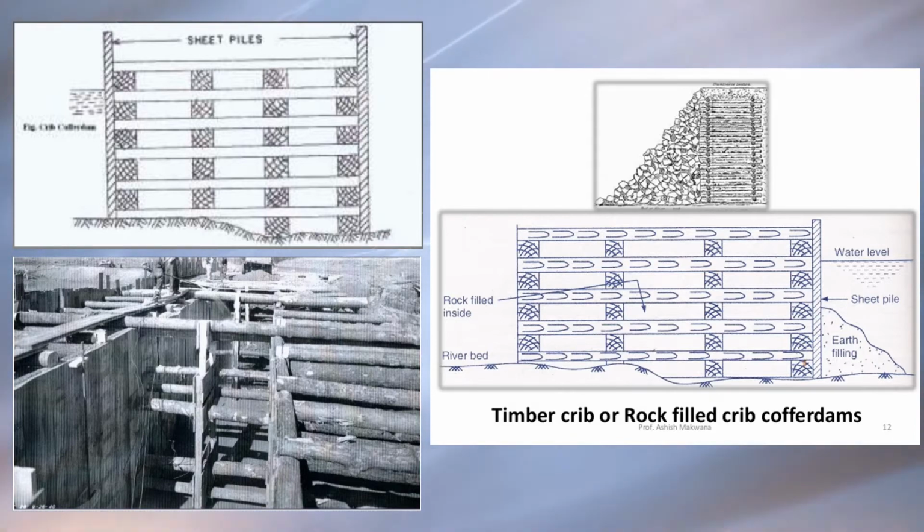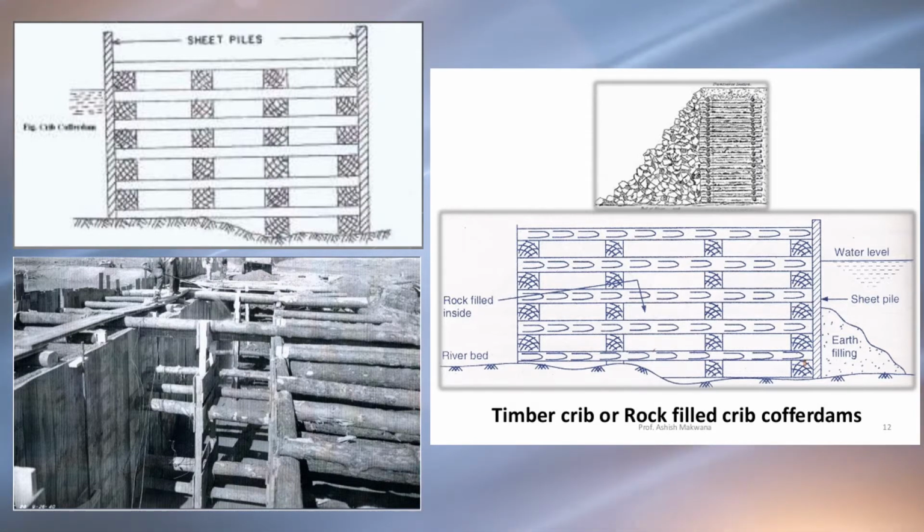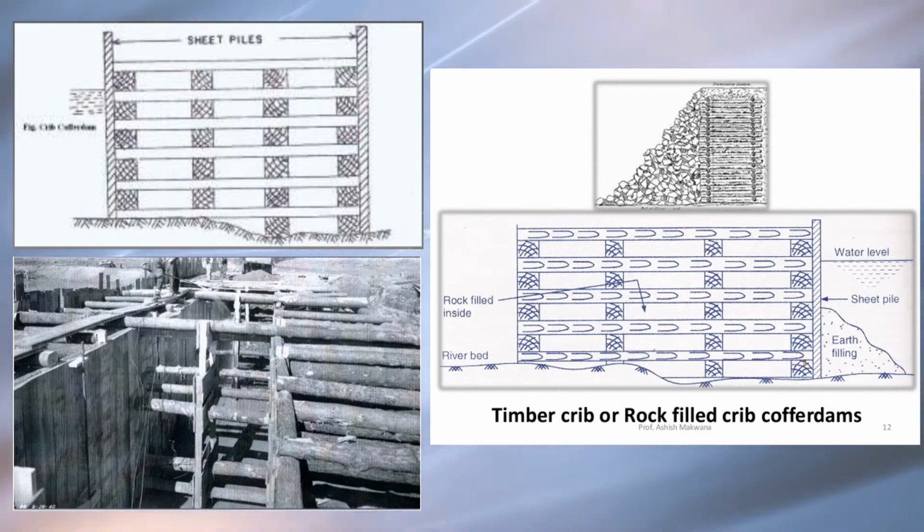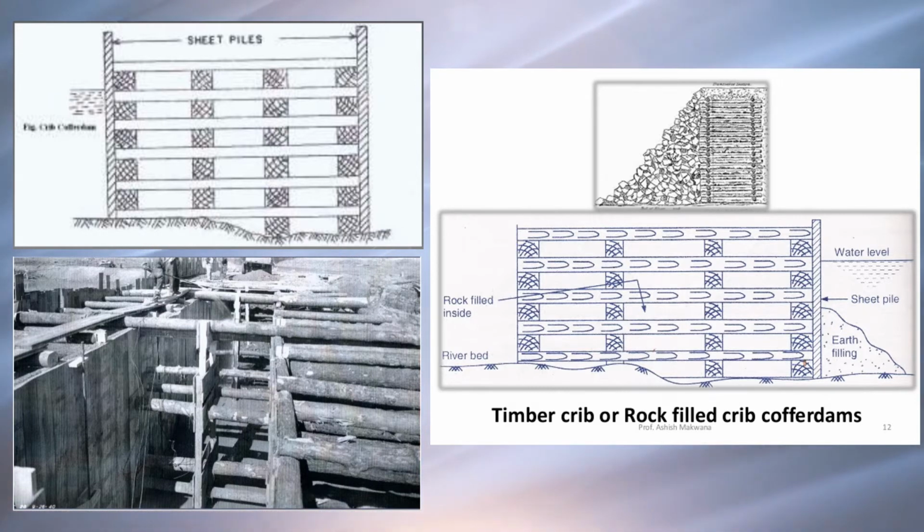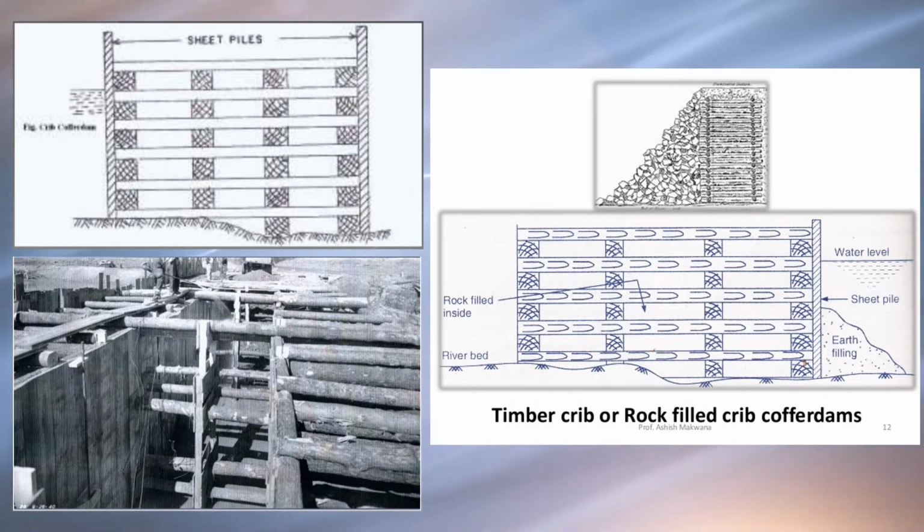The bottom of each creep is given a shape to fit the variation in the surface of the bedrock. The space inside the creep is then filled with stone or other materials, so as to make it stable against sliding and overturning.